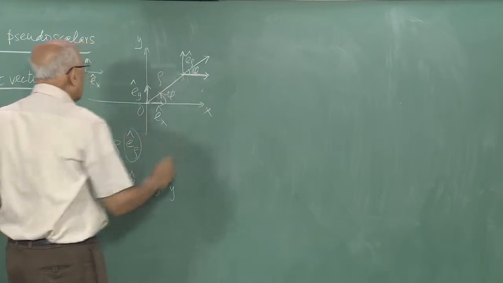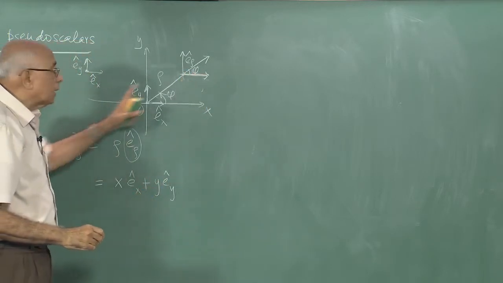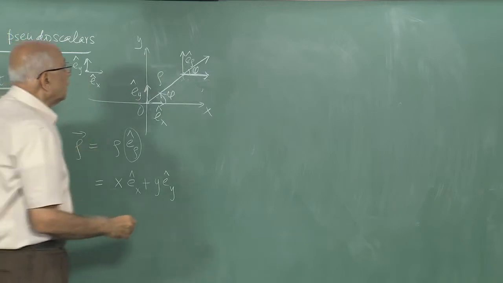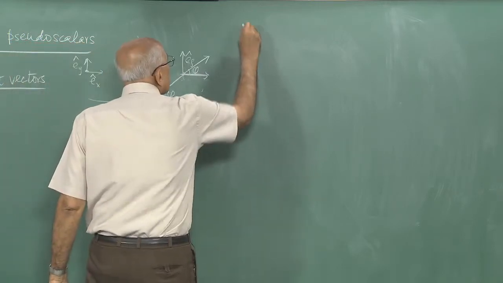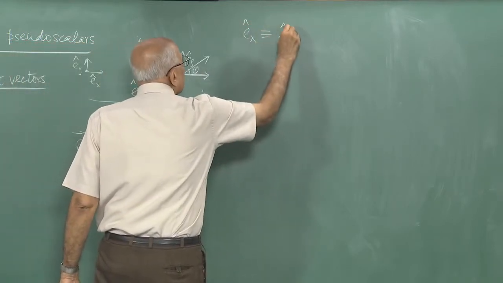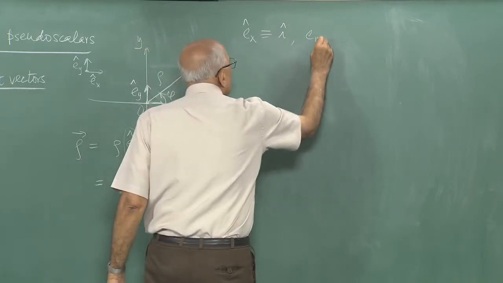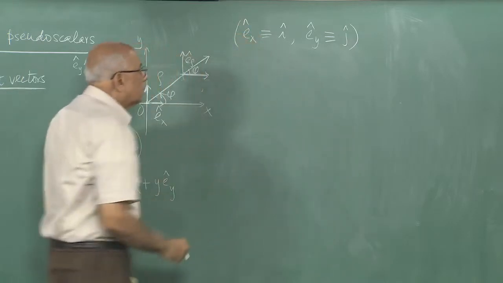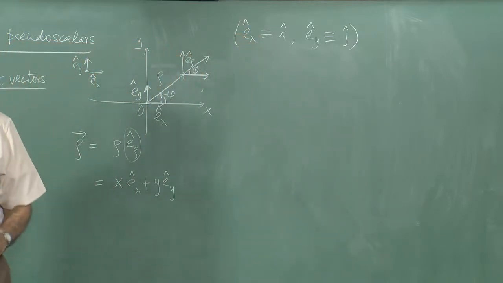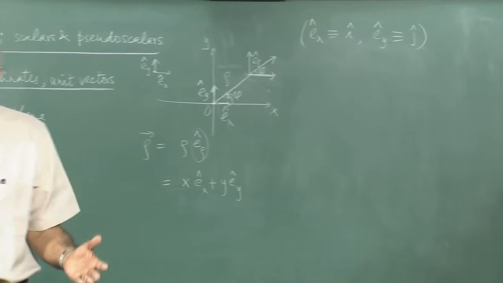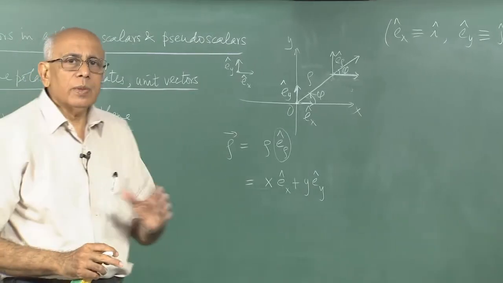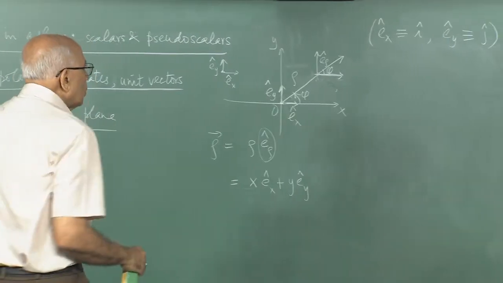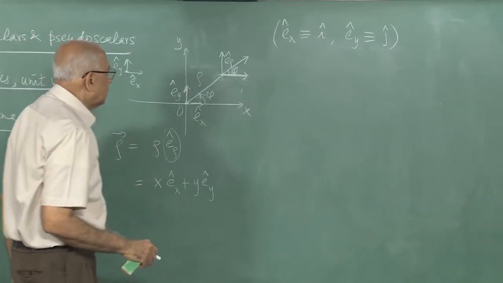This direction is the direction of Ex, and that direction is the direction of Ey. Remember, Ex is the same thing as the unit vector i, and Ey is the same thing as the unit vector j. I prefer to use E sub x, E sub y, etc., because it immediately tells me along which direction it is, and I am going to extend this to higher dimensions as well.